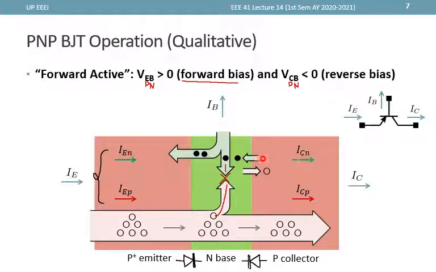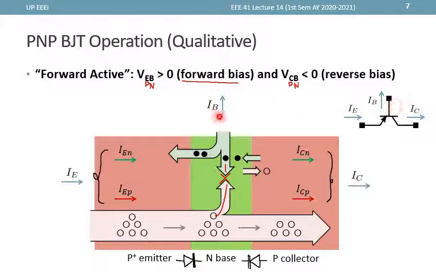Now on the collector side, we have ICN. This is again consistent with the flow of electrons to the left, and ICP, which is the flow of holes to the right. So this ICP is composed of this one and this one, and we can actually sum these two to get IC. Now whatever is left by KCL, then that would be the base current IB.